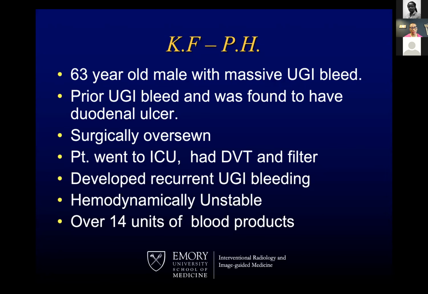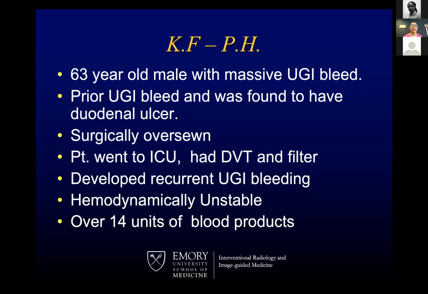Another patient, just to bring the point home again. This patient came in with a massive upper GI bleed, had a prior upper GI bleed before, and has a known duodenal ulcer. So they said, okay, fine, we're taking this patient to the operating room to oversew this ulcer.